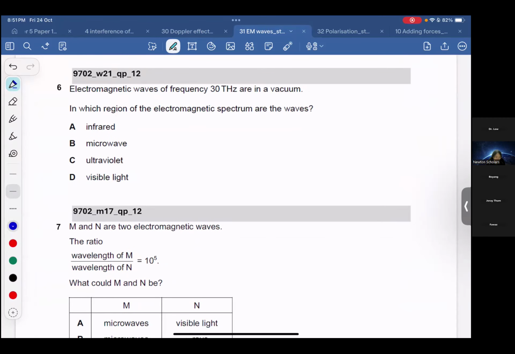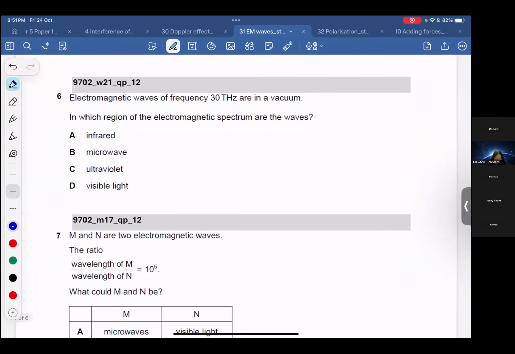Number 6, can you guys try? Tell me what this is. They give you frequency. Fatima, this one has a prefix also, called tera. So this one is actually times 10 power of 12. So you need to find the wavelength. What is the wavelength?